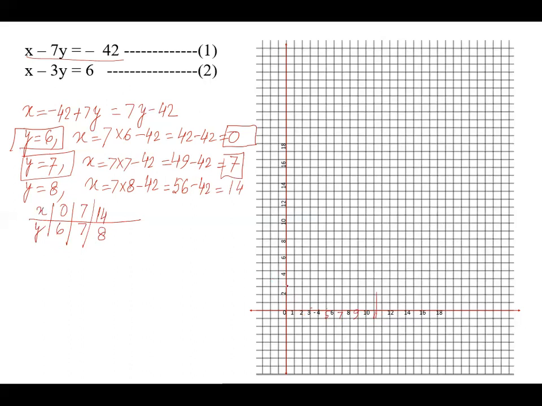Here the point 0, 6 will be here. Then 7, 7. Next is 14, 8.